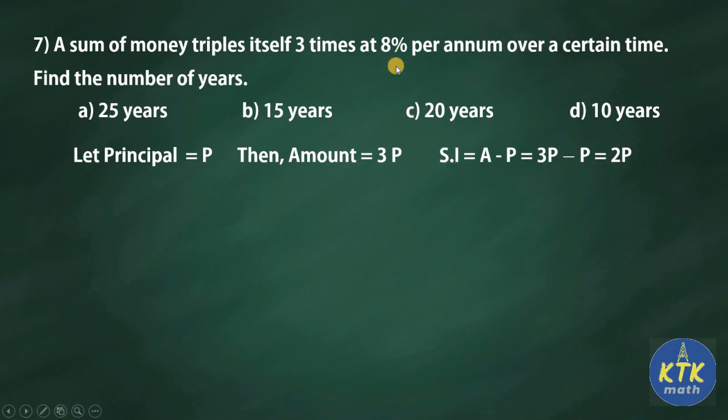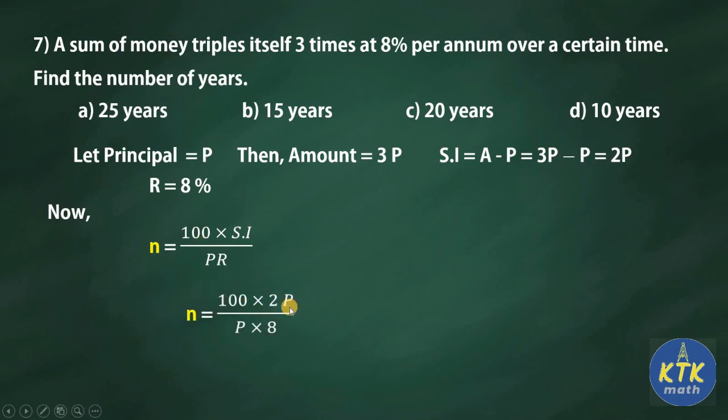So we got the value of simple interest now. Rate of interest is also given, 8%. With this we are going to find the number of years. So we are going to find the n value. We know the formula, 100 into SI by PR. So 100 into 2P, simple interest is 2P, by principal value P into R value 8.